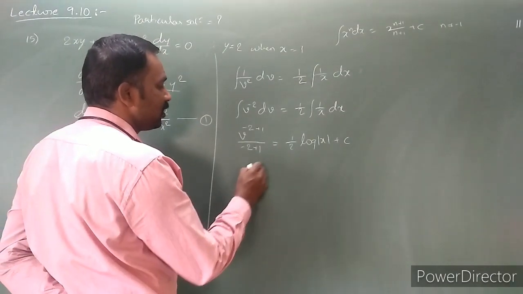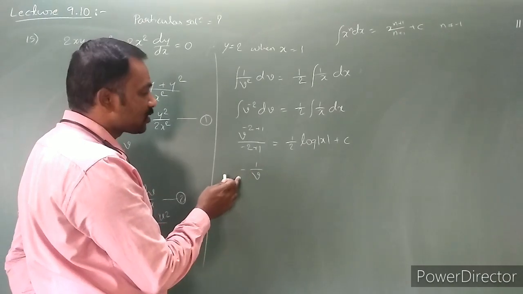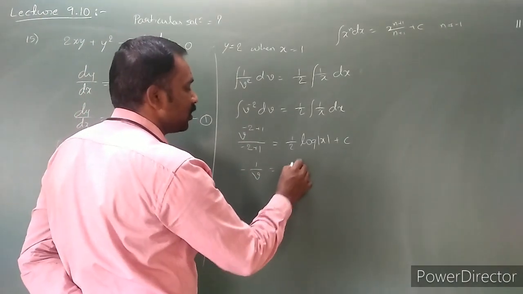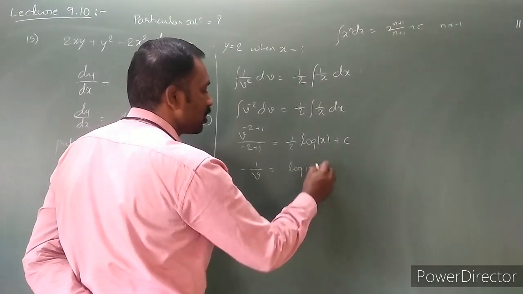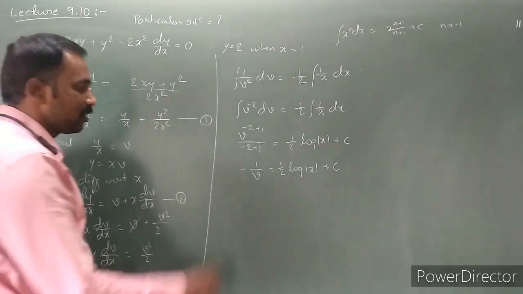So this is nothing but minus 1 divided by v. How? Minus 2 plus 1 is minus 1. v power minus 1 is nothing but 1 by v, so 1 by v is equal to log of mod of x into 1 by 2 plus c.